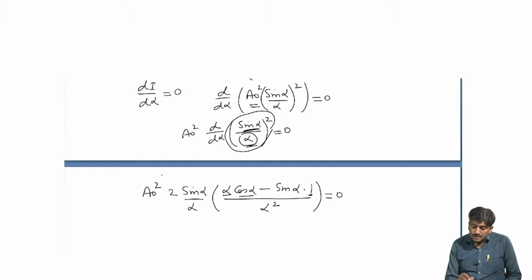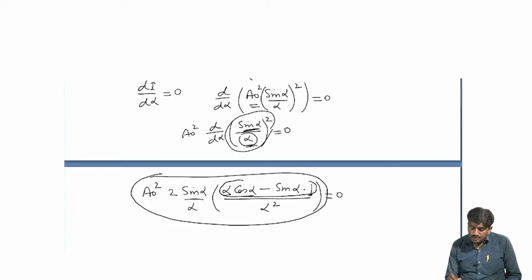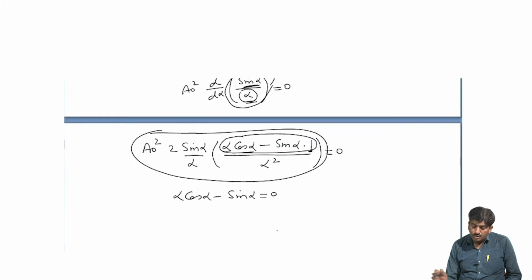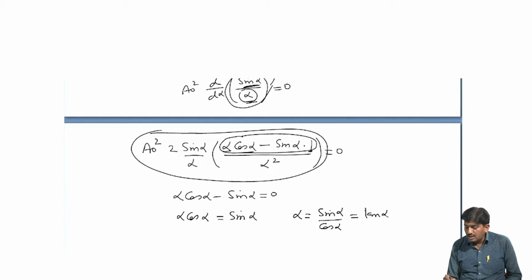If this whole term is equal to 0, it means alpha cos alpha minus sin alpha should be equal to 0, or alpha cos alpha equal to sin alpha, alpha equal to sin alpha upon cos alpha, or we can say tan alpha.